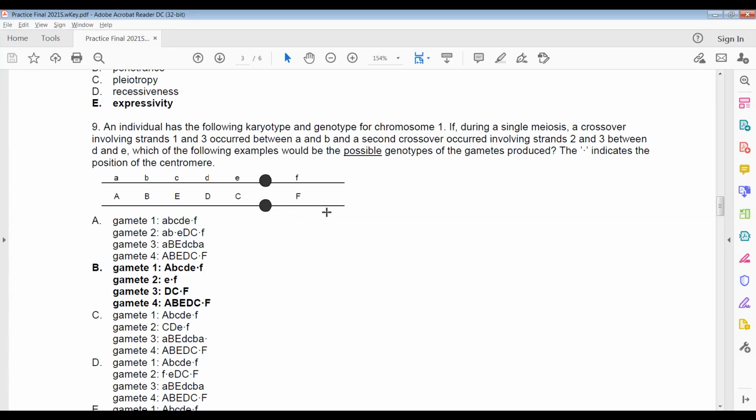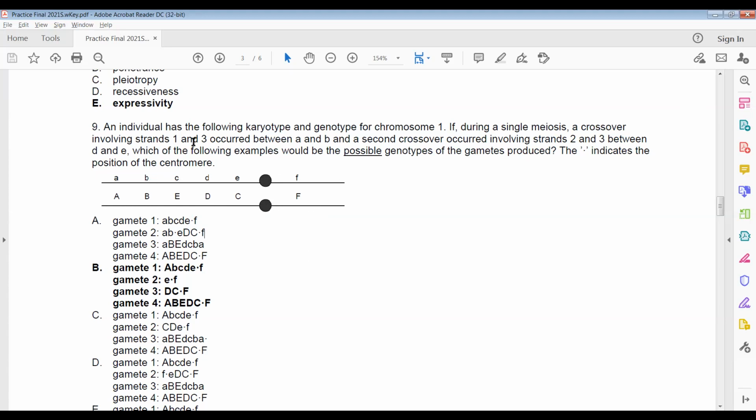Yes, exactly. To answer this question, you have to consider the order of these alleles in the parental type. If the genotype of this parent looks like this, it means the lowercase alleles are arranged in this order on one chromosome, but the uppercase alleles of these 6 genes are arranged in this order on the second chromosome.